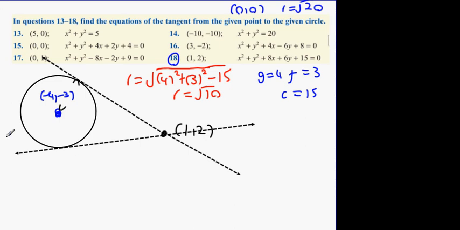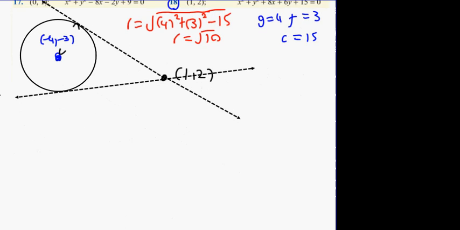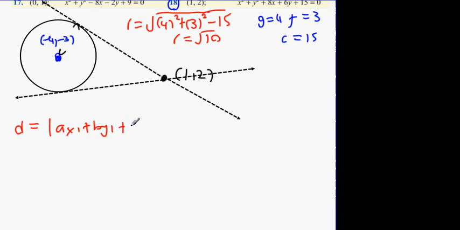Root 10. Now, upon getting root 10, we're going to use the D formula, like usual: ax1 plus by1 plus c all over the square root of a squared plus b squared.